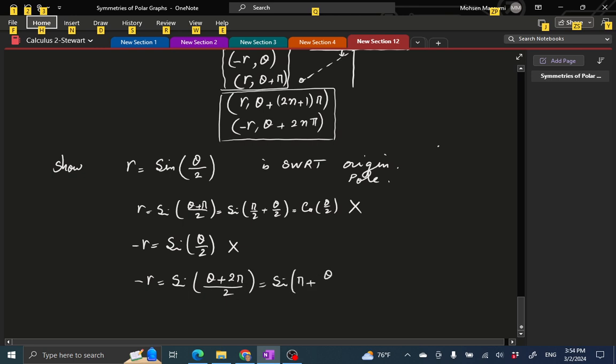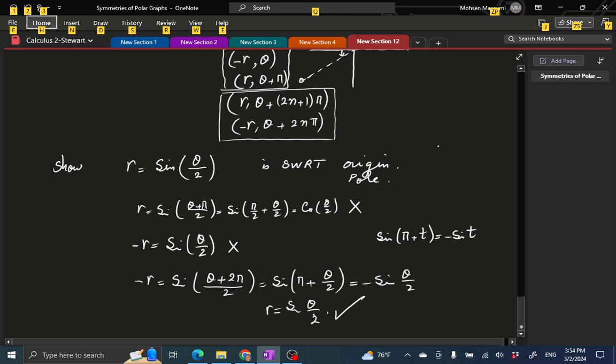Let's remind ourselves of the identity: sine of pi plus t is minus sine of t. So this simplifies to minus sine of theta over 2. Minuses cancel each other out, and I get r is equal to sine of theta over 2, which is what I had at the beginning, and this is successful.